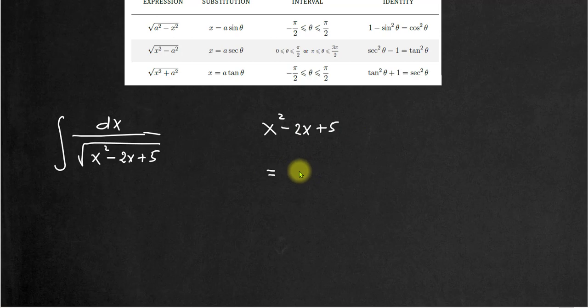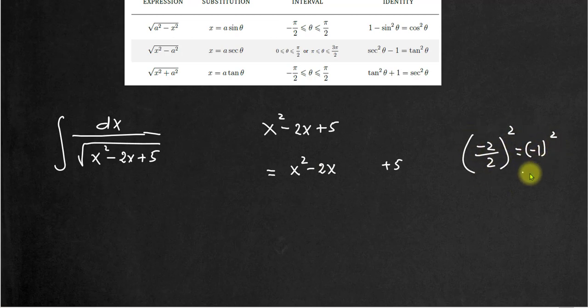When I complete the square, I rewrite x squared minus 2x and put the constants at the end. Now I take the middle term, which is minus 2, divide by 2 and square that. It gives me minus 1 squared, which equals 1. So I add 1 and at the same time I subtract 1, because I don't want to change the value of the whole expression.